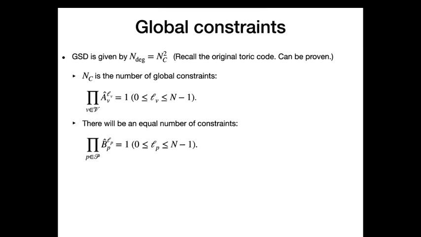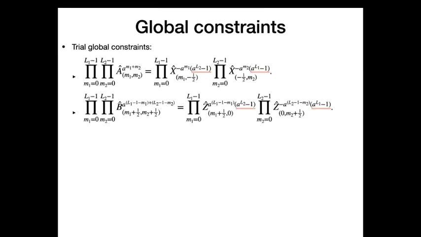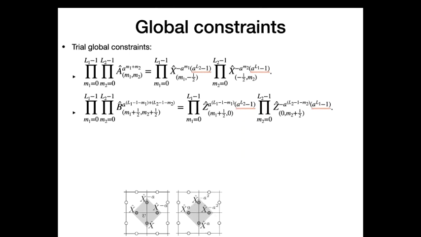I also wanted to talk about global constraints. When we form global constraints, I said we need to make products of all the bracket operators, like vertex operators. But again, I cannot make a product of the vertex operator at every vertex.